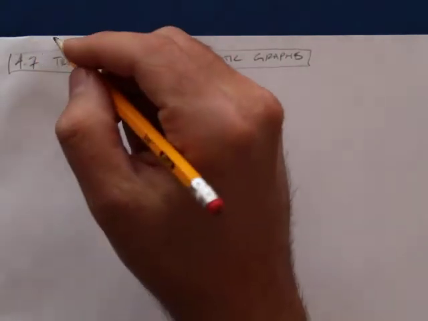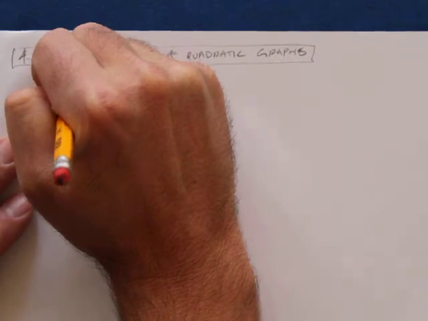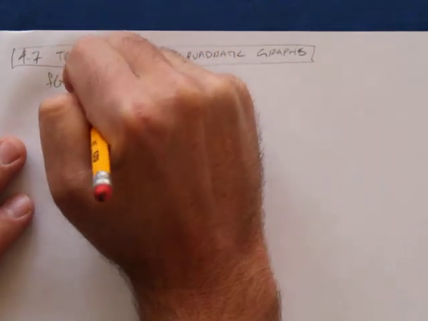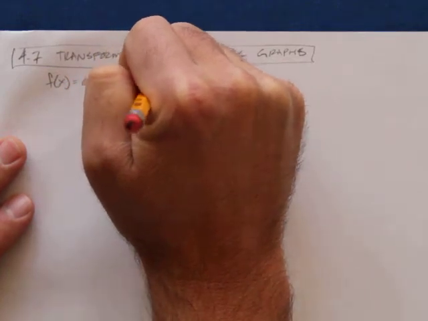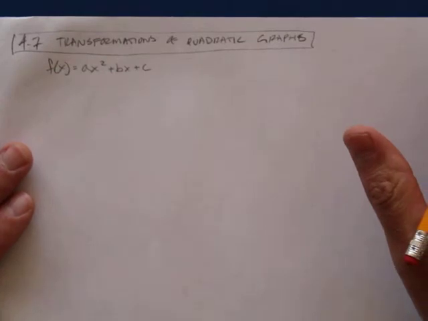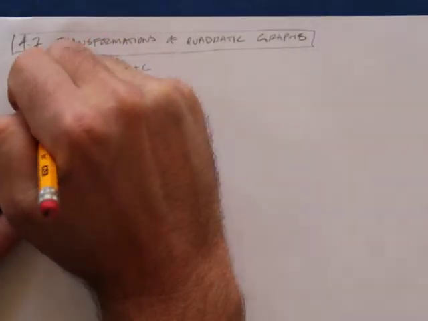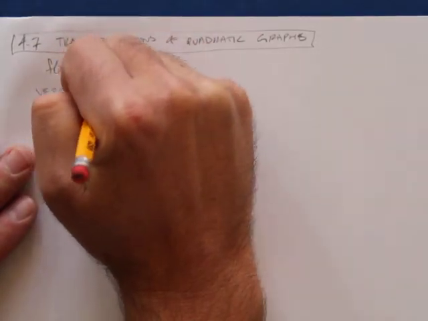All right, so we're going to start with the form that we've been using for quadratics, which has been ax squared plus bx plus c. That's the form that we've been using, but we're going to learn a different form called vertex form.